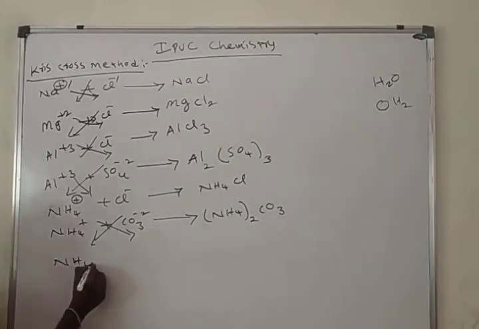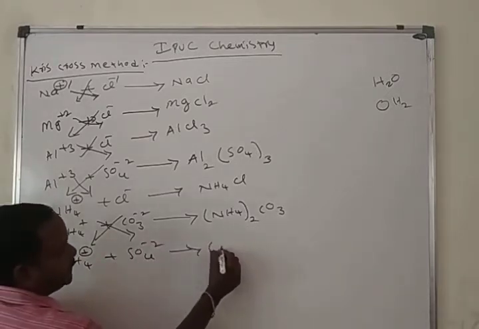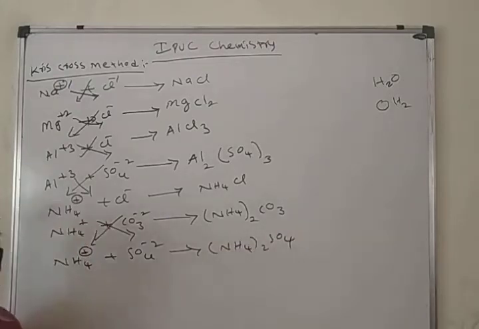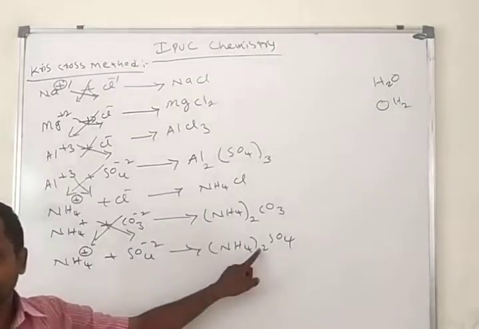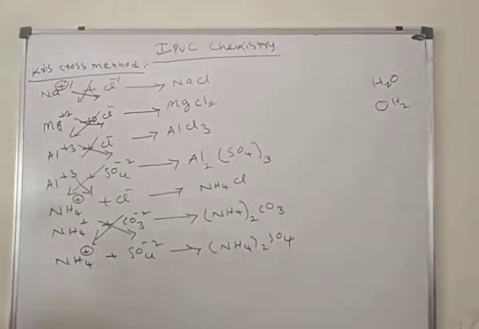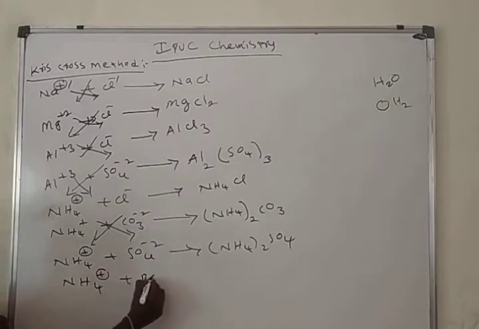Ammonium sulfate. NH4 plus, SO4 minus 2. Same like this, NH4 taken twice. 2 there means we use twice, 3 means thrice, 4 means four times. Suppose for example, NH4 plus, PO4 minus 3 is there.